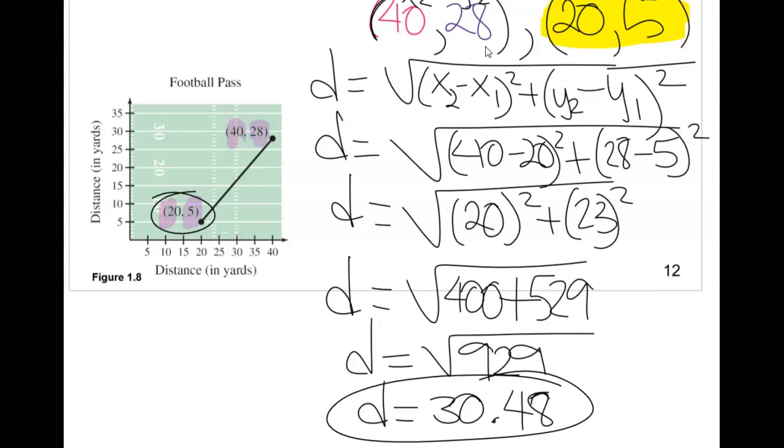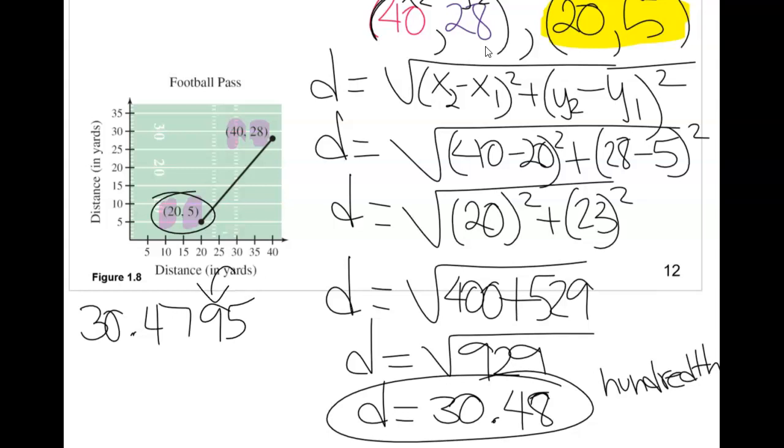And that is if I round it to the nearest hundredth. The answer that I got on my calculator was 30.4795. So if I look at this number here, it's a 9, the third digit, so since it is bigger than 5, it will cause the 7 to go up to 8. So that's why we round that way.